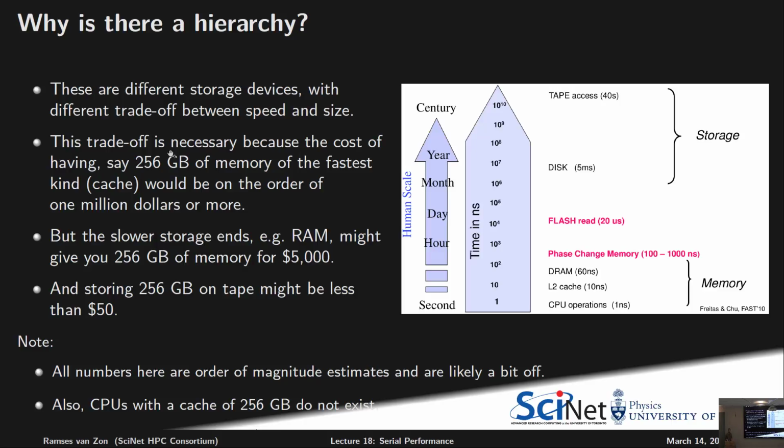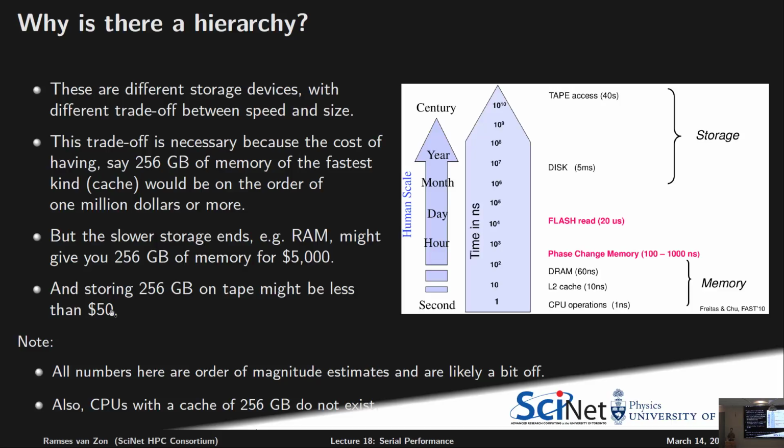That's why there's slower storage. If you just wanted your RAM and you wanted 256 gigabytes, and really these are very rough estimates, this is probably not quite correct. You probably can get it for cheaper if you ask nicely, or for more if you want more performance memory, but around $5,000. So it's about a factor of 200 less. And if you just want to store stuff on tape, you probably can get it under $50. So, depending on how high performance you want it, there's a cost. Okay?